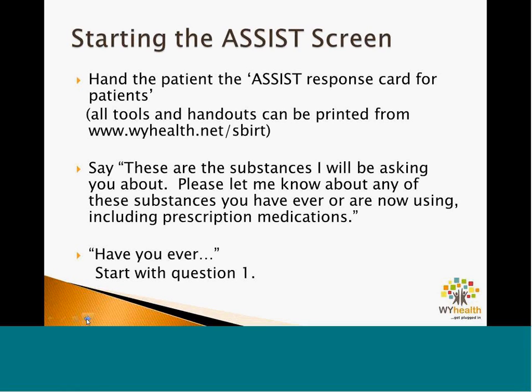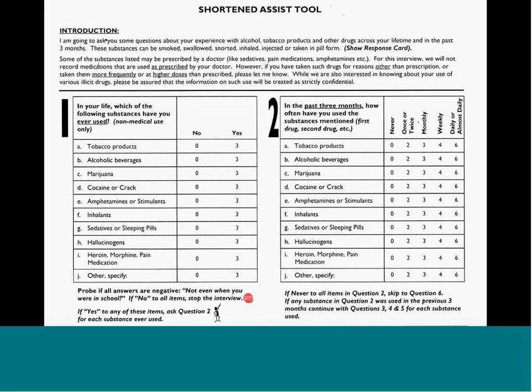And then you will go right into the ASSIST screening questions with question number 1. In question number 1, in your whole life, have you ever used any of these substances? Have you ever used tobacco? And if they say yes, you would circle yes. Have you ever used alcoholic beverages? And if they say yes, circle that.